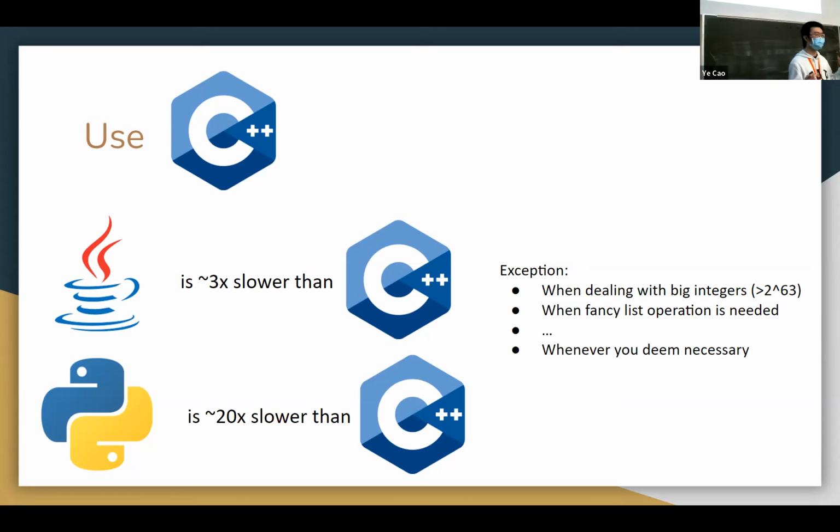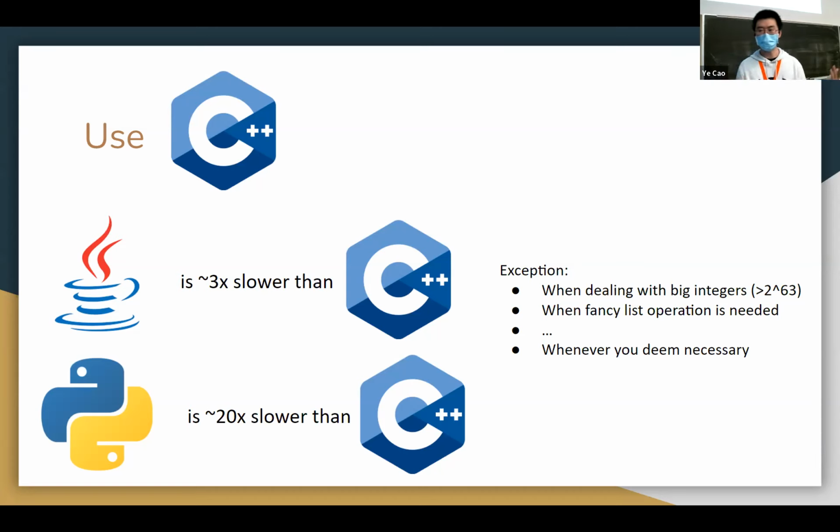So when you have to deal with that, although it does not happen very often, you can use Python, because in Python you don't get integer overflow. And whenever you want to do some fancy operations that involve lists, Python has very flexible list operations that you can use in your armory.